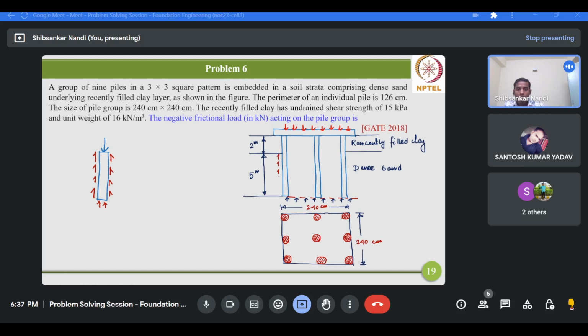Again, in the dense sand, the skin friction will be in the upward direction.